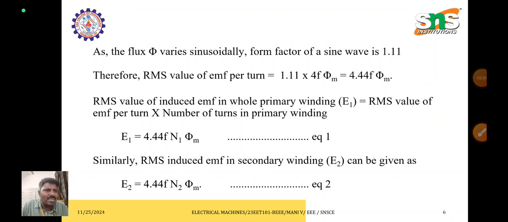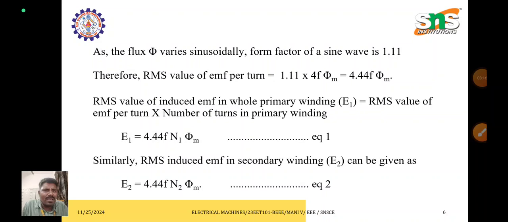If the winding has more turns, it may be 2, 3, 4, 5, or 10, 20, 30, whatever it may be. So based on the number of turns in the primary winding, the induced EMF in the primary winding, E1, is equal to 4.44 f phi m into N1. Here N1 indicates the number of turns in the primary winding.